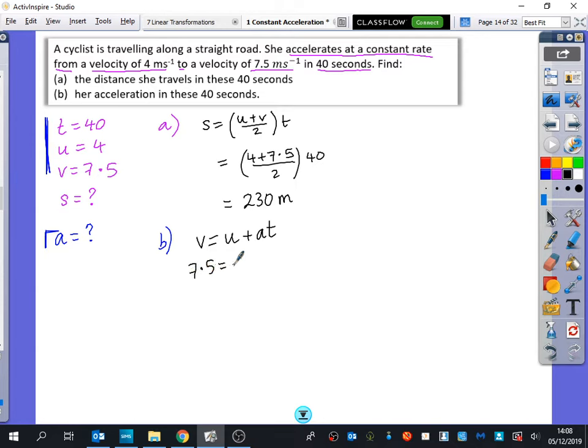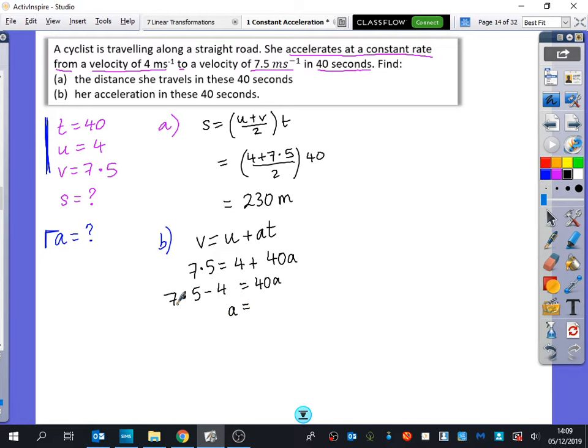So we get 7.5 equals 4 plus AT. Well, I don't know what A is, but I know that T is 40, so I get plus 40A. So I can do 7.5 minus 4 is 40A.